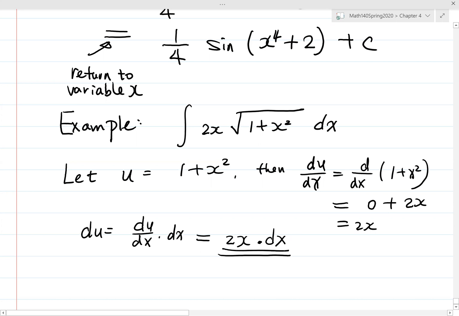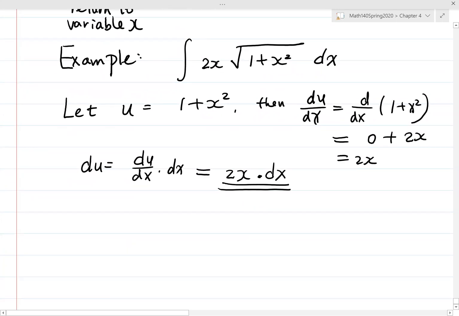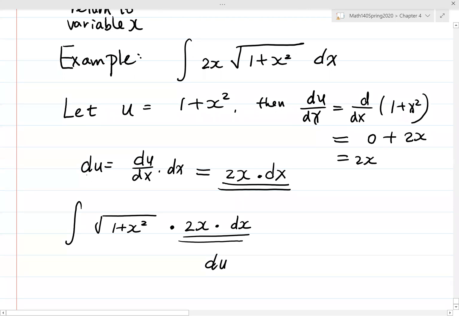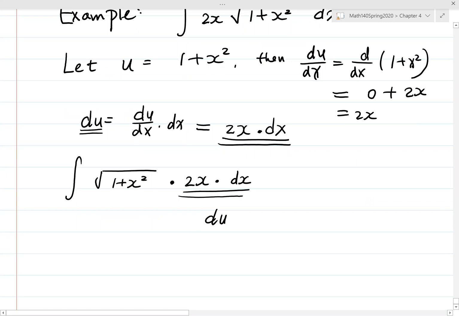You see the integrand has the factor 2x dx, and because multiplication is commutative, we can switch the order. So 2x dx is exactly du, and we substitute 2x dx by du.